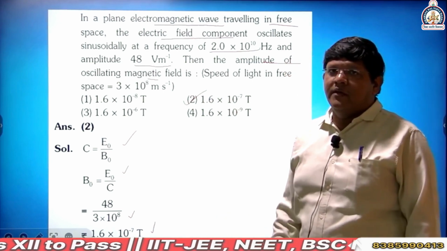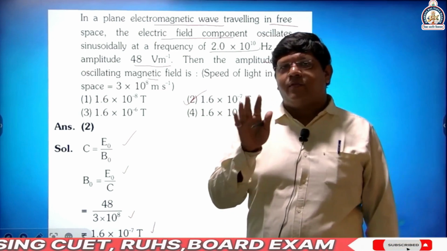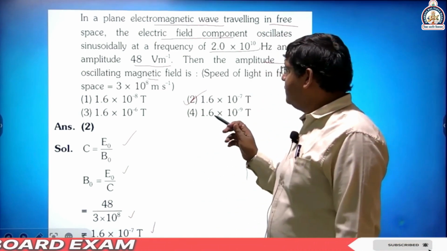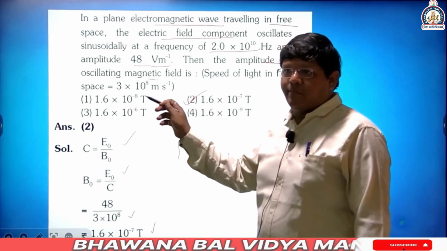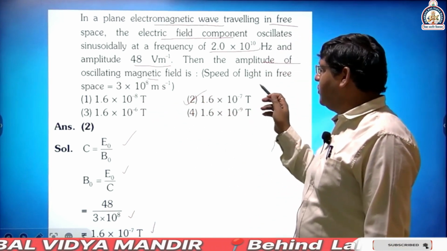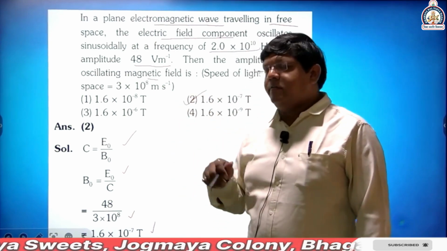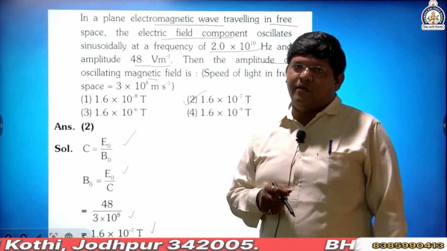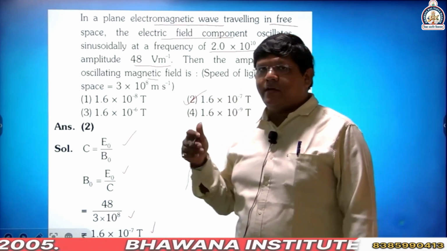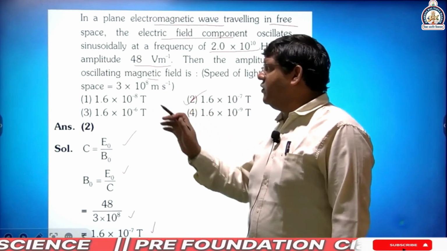B. So when the question is very simple and direct formula based, you can see the answers are very close to each other. This is 1.6 into 10 to the power minus 8. This is 1.6 into 10 to the power minus 7. Solving and ticking the correct option is very important. If you are in a rush, you may tick the wrong option.